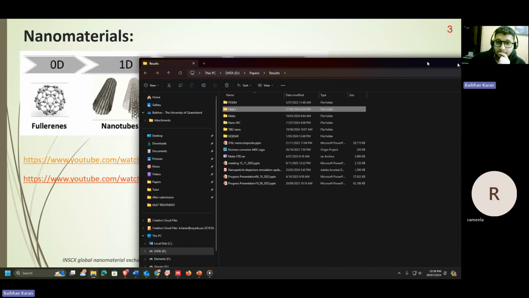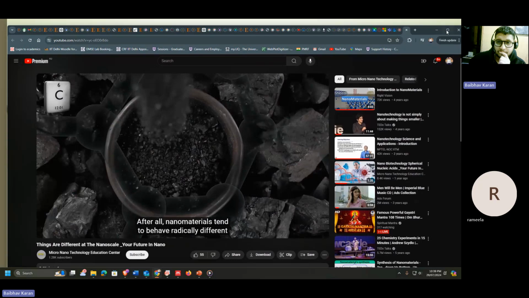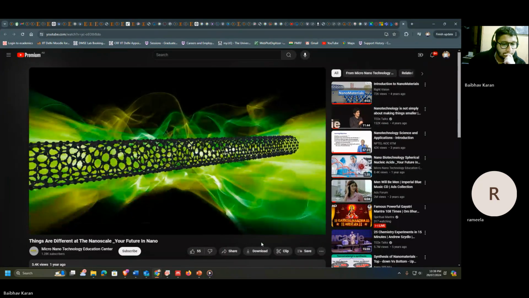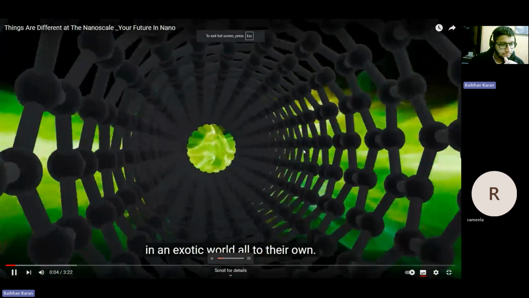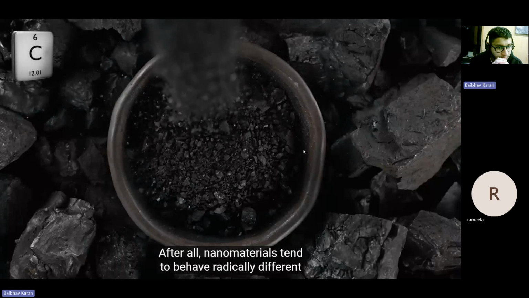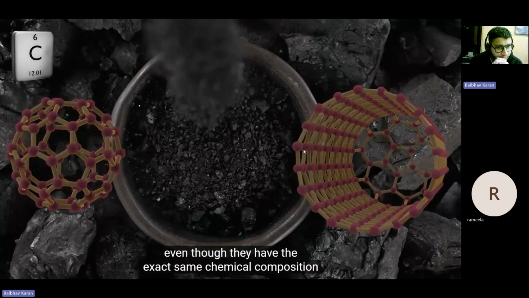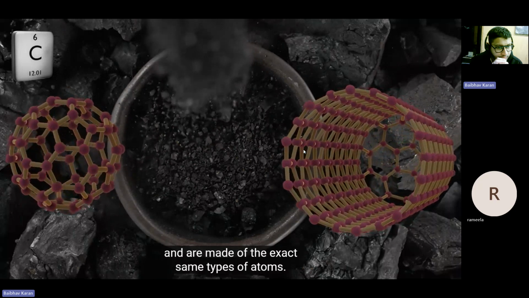At a first glance, nanoscale materials may seem to exist in an exotic world all to their own. After all, nanomaterials tend to behave radically different from their corresponding bulk materials, even though they have the exact same chemical composition and are made of the exact same types of atoms.